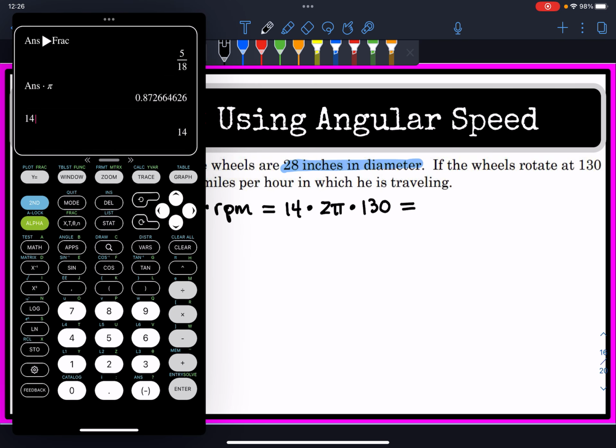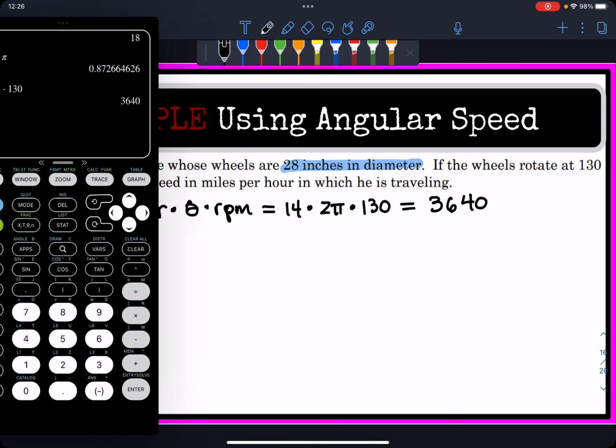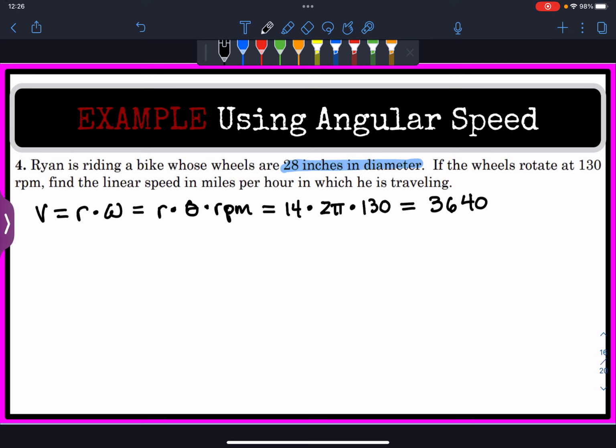So 14 times 2 times 130. That's equal to 3,640 inches, because that's what our radius is in, inches per minute. So inches per minute, because again, it's RPMs.